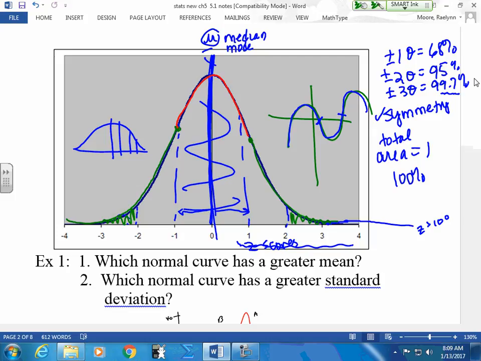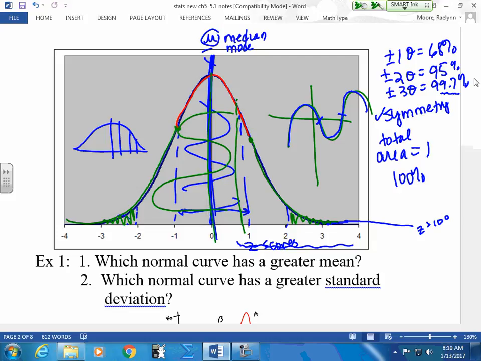We're going to also use the fact that half of this curve represents what percentage? 50%. So if I'm looking for a z-score, and I want this whole thing up here, should it be more than 50% or less than 50%? More than 50%.